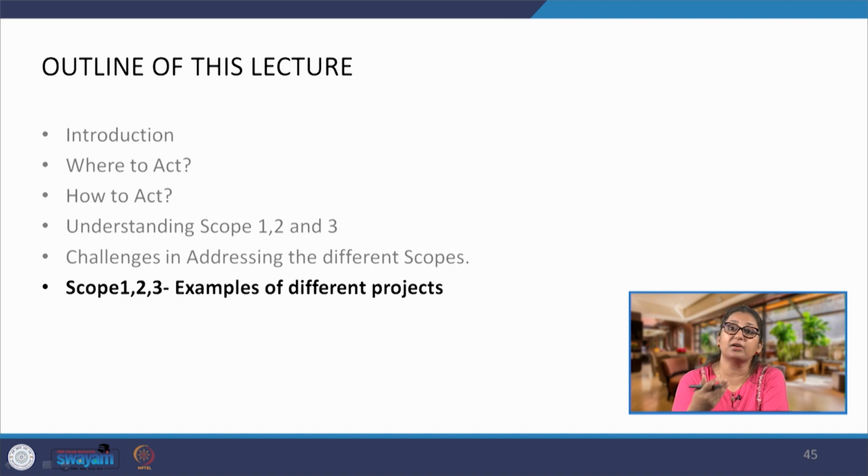So, what are the kind of interventions that are going to take place? We discussed that, and then specifically we understood the scope of scope 1, 2 and 3 emissions, identifying which emissions will go as scope 1, scope 2 and scope 3 emissions.